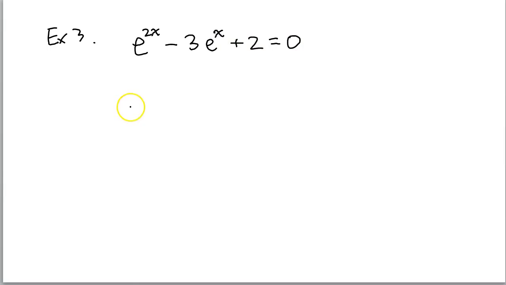Here's another example. Example 3. Suppose you have e to the 2x minus 3 e to the x plus 2 equal to 0. What would be the solution to this?